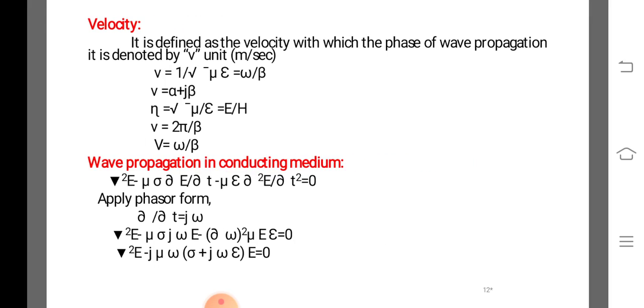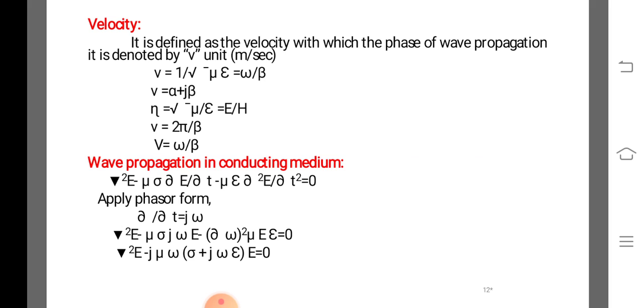So it has some velocity. Velocity is defined as the velocity with which the phase of the wave propagates. It is denoted by v, with unit meters per second. So v equal to 1 by root of mu epsilon equal to omega by beta.